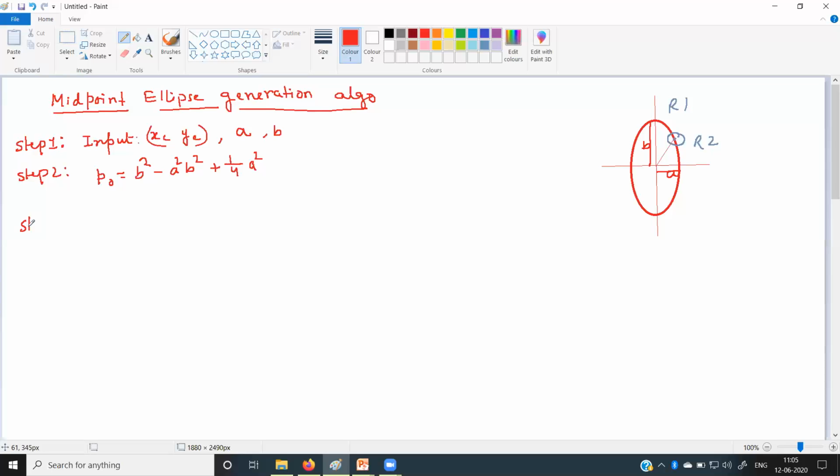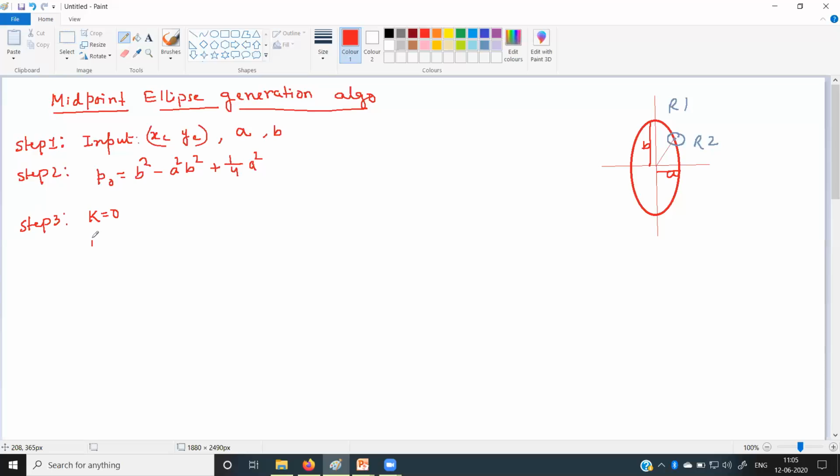This is all about step 2. Now in step 3, what we have to do? As I told you, we will compute the points for region 1. We know P0. We will write step 3 in generalized form, that means in terms of k. Here we start with k equal to 0.